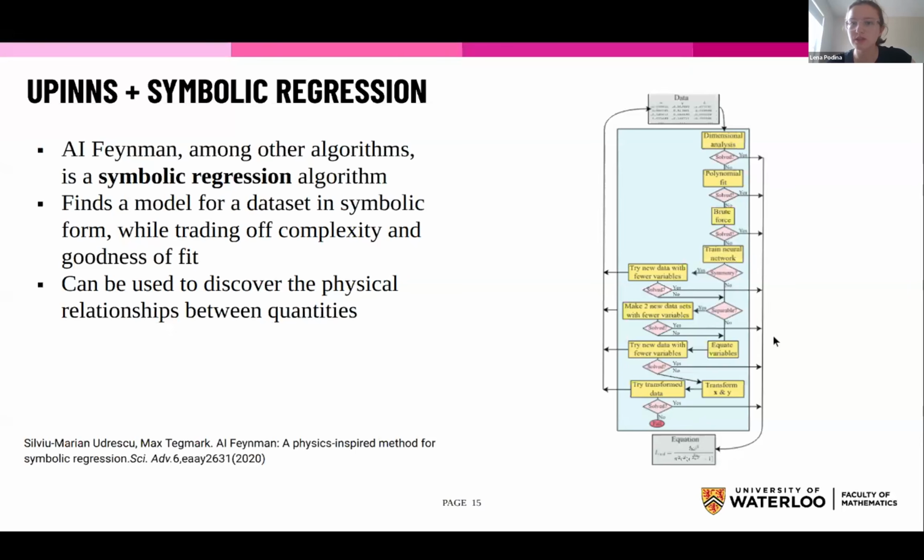On the right here, you can see a flow chart of how AI Feynman works. You give it some data, it goes through this algorithm, and at the end you get an equation which hopefully describes your data in the simplest possible way. These methods can be used to discover physical relationships between quantities.